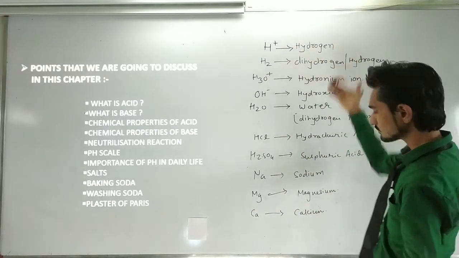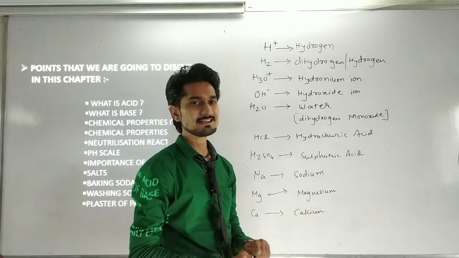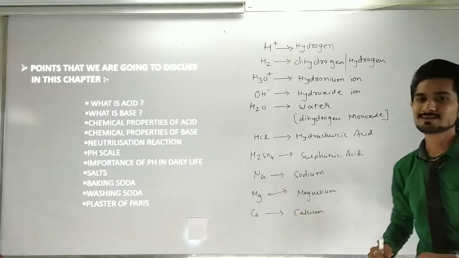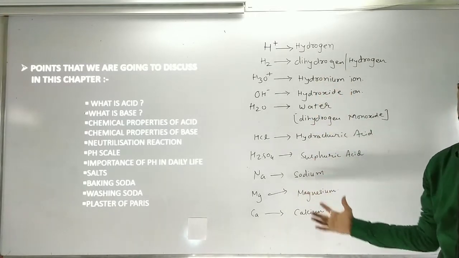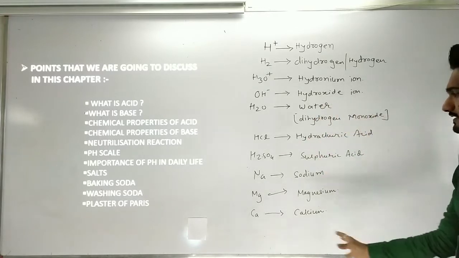So these are the molecular structures, and you can prepare from here. You can see the screen clearly, and if you don't see it clearly, you can pause the screen and take a screenshot, because these are the short terms that will come most importantly in this chapter. So you have to memorize all of that.